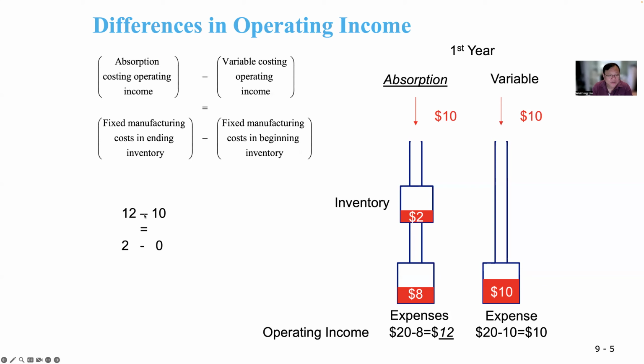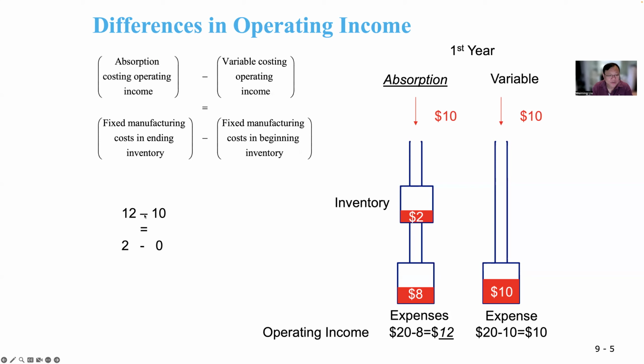And this is the first year of operation, right? The beginning inventory is 0. So 2 minus 0. So you can see that 12 minus 10, the difference in the income, equals the difference in the inventory, 2 minus 0. So that works, right? That works. This is the first year.